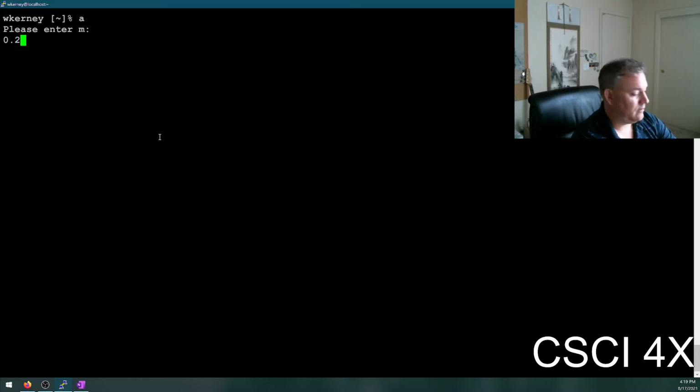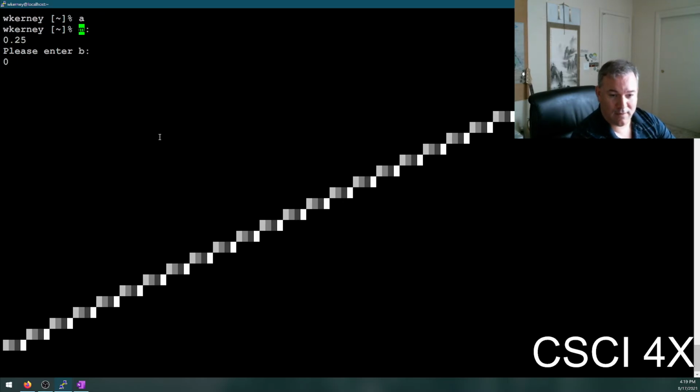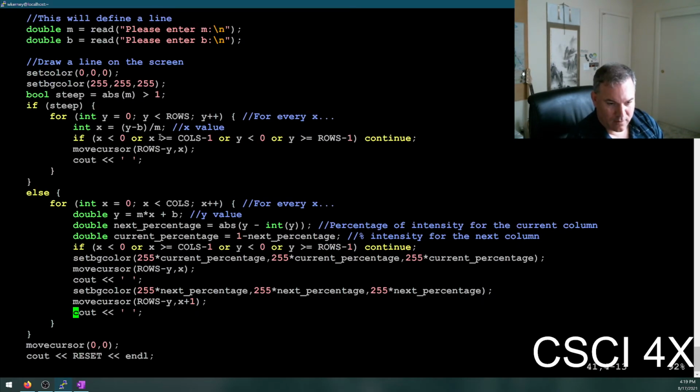So we'll do 0.25 and B, and there we are. Oh, interesting. No, it needs to be row instead of column then. Okay, sorry about that. So instead we're going to go row minus 1 higher.